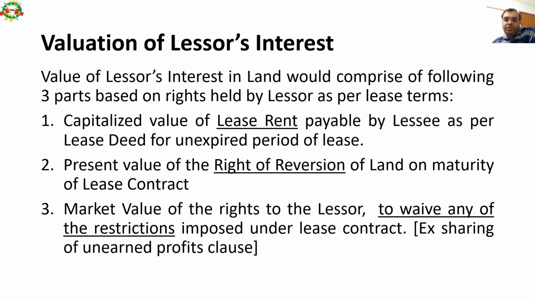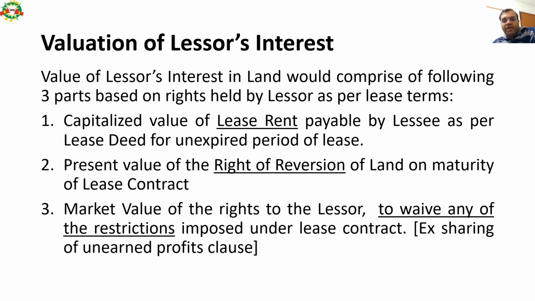So the best example is the sharing of unearned profit clause. If you have gone through the terms and conditions of lease deeds, there are certain lease deeds in which certain special covenants are mentioned. For example, sharing of unearned profit.